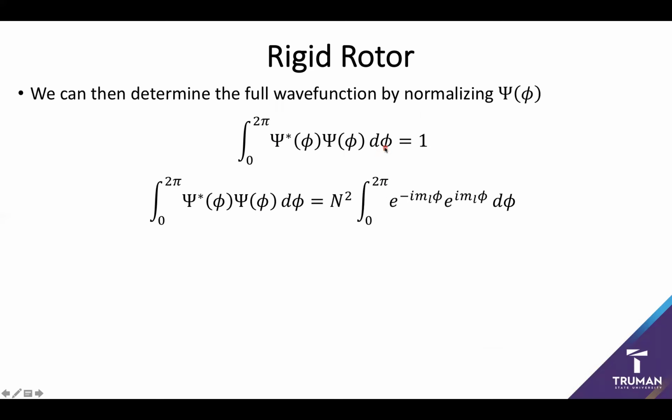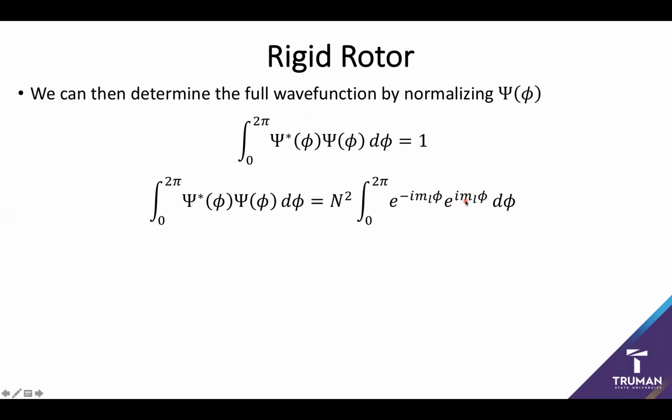So we can then input our complex conjugate, e to the negative i m sub l phi, and then our actual value, e to the i times the quantum number times phi. Now, this is one of my favorite integrals because, if I multiply these two together, that's the same as adding the exponents.